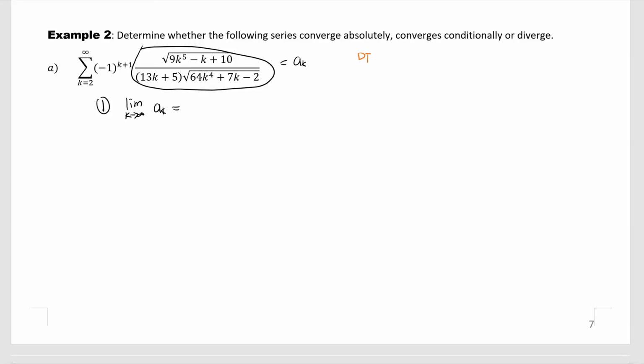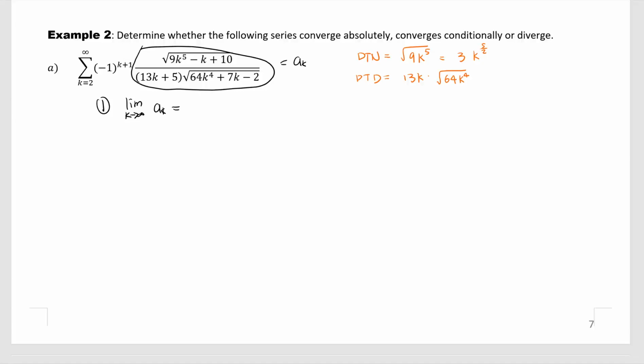What's the dominant term of the numerator? Square root of 9k to the 5th. Square root of 9 is 3, and then we have k to the 5/2. How about the dominant term of the denominator? We have 13k times square root of 64k to the 4th.